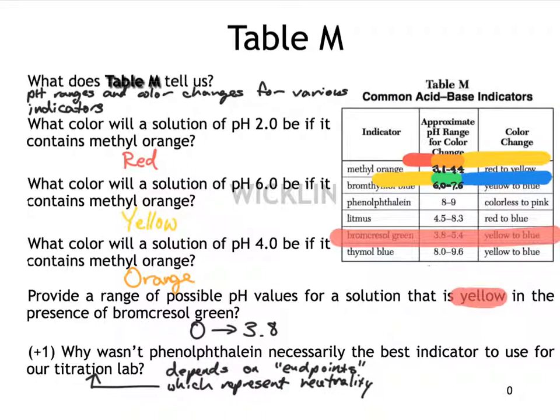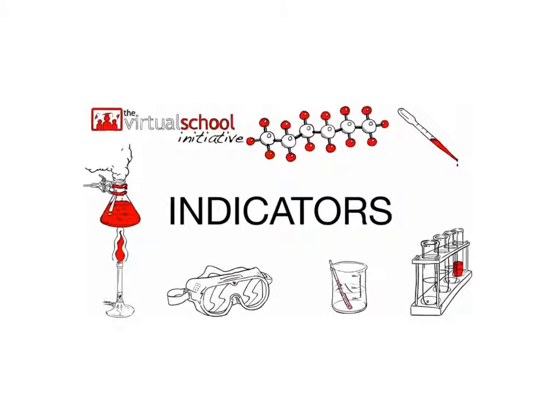So phenolphthalein, although convenient and dramatic, is probably not the best indicator to use if you're trying to represent neutrality. All right, let's watch this video about indicators from the Fuse School.